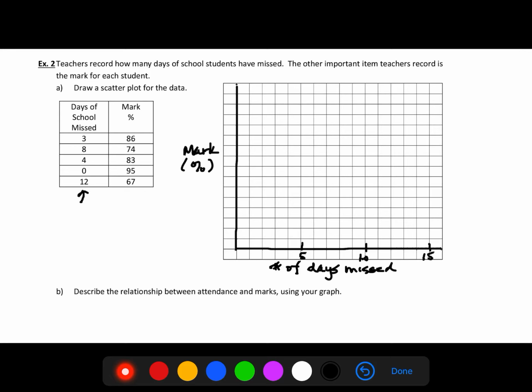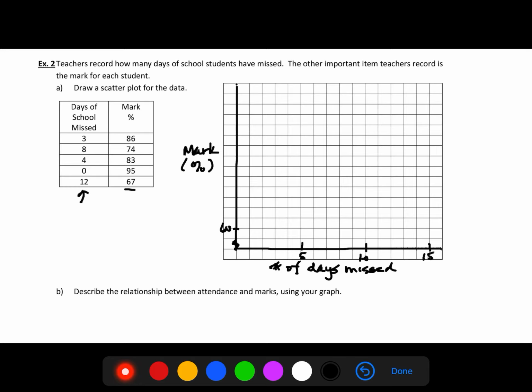We notice that we need to go up to at least 12 days of school. So we do have enough blocks that we can go by ones. And we don't necessarily have to label every single one of them, so we're going to label every fifth one. As far as mark, notice that we don't start until 67. So 0 to kind of 60 is a waste of space on our graph that doesn't really give us any information.